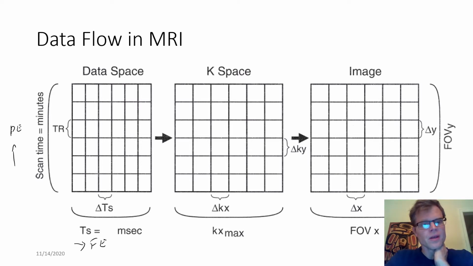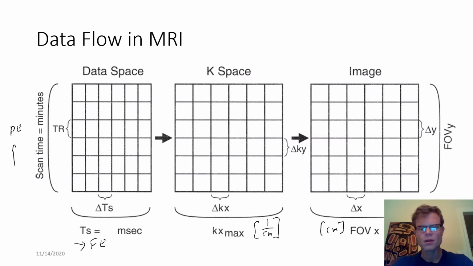matrix. And then what we've now covered with the K-space perspective is that when we have knowledge of the magnetic field gradients, we can go from this data space and our experiment dimensions into K-space, where these K-space units might be, say, inverse space, so inverse centimeters, which will correspond over here in our image to units of centimeters.